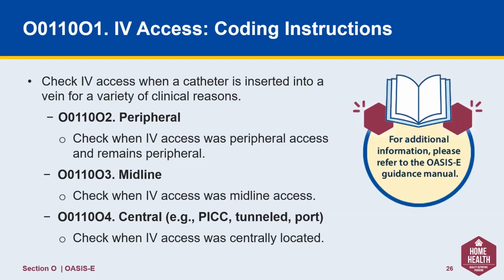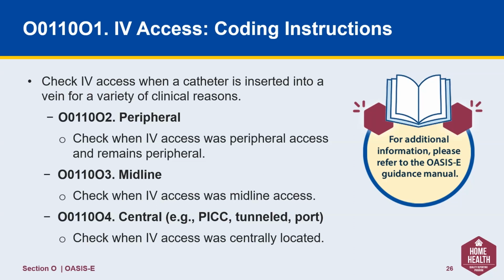Now we have O0110O1, which is IV access. You would check this if there is a catheter inserted into a vein for any one of a variety of clinical reasons. The item gets further broken down into O2 for a peripheral line, O3 for midline, or O4 for central.